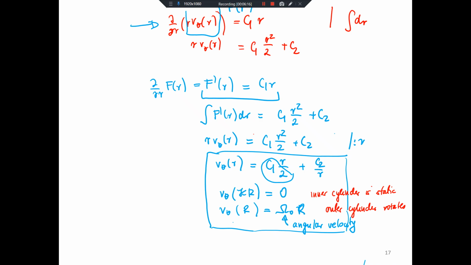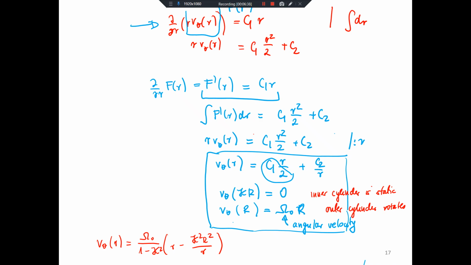So when you plug in these two and find what C1 and C2 are, then you will get, hopefully, that v theta of r is omega 0 over 1 minus kappa squared, times R times (r over R minus kappa squared R over r). So this is my expression for v theta of r.